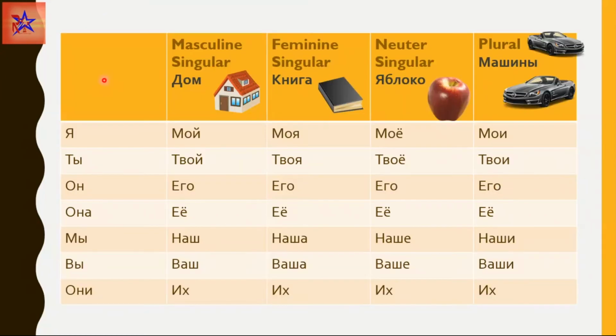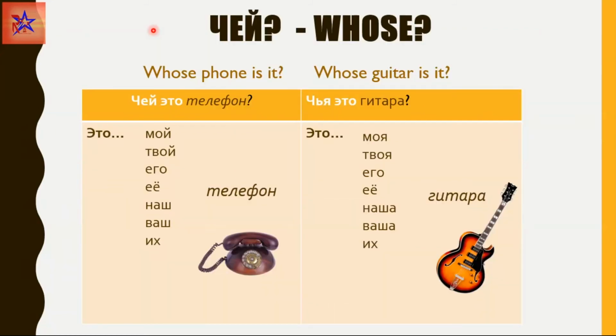To make it easy to learn, here is a table of all the possessive pronouns, which you can find on our website and download and learn. So there is additional information which will help you to practice the possessive pronouns. It is the question чей, which is translated like whose.